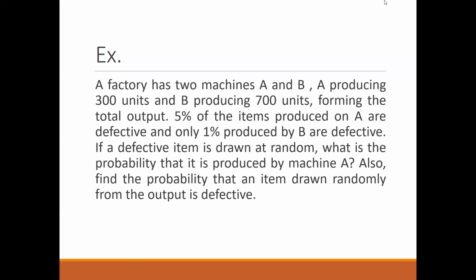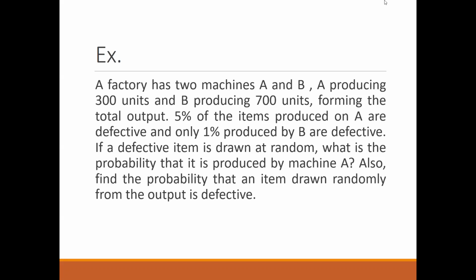Next, they have given us some percentage of items which are defective. So if they say 5% of the items produced on machine A are defective, that means the probability of D given that the item is produced on A1. So P(D | A1) will be nothing but 5 divided by 100, because they have given it in percentage.